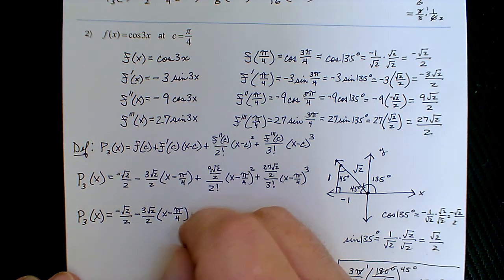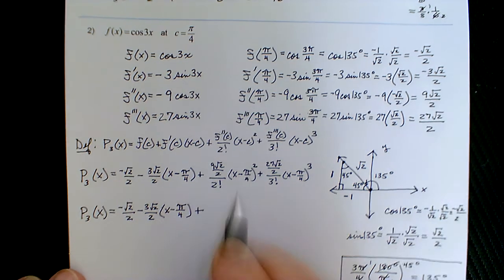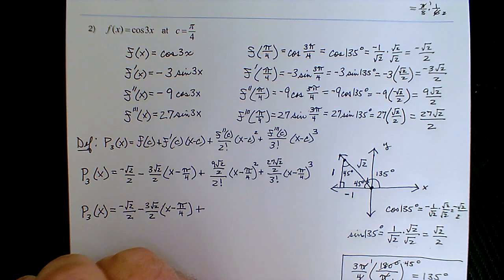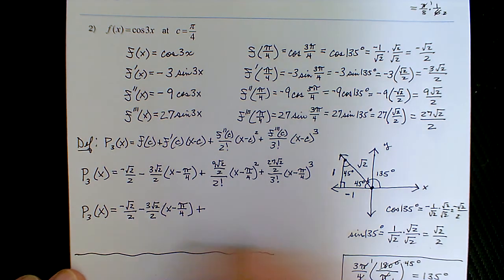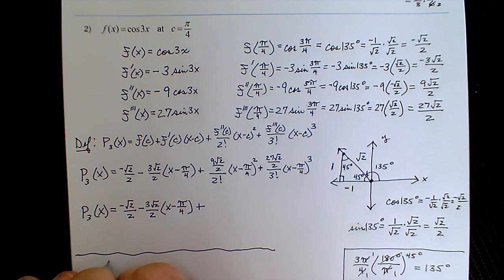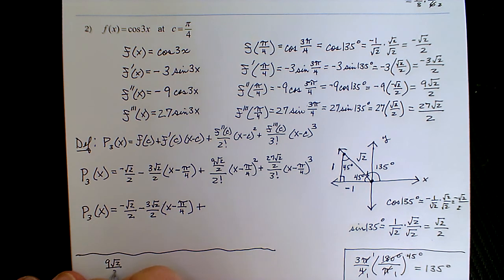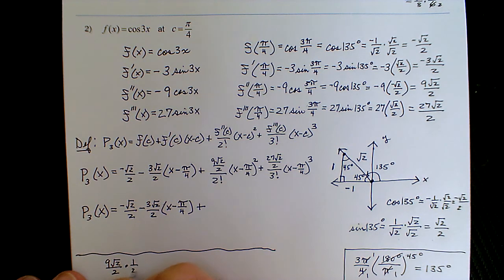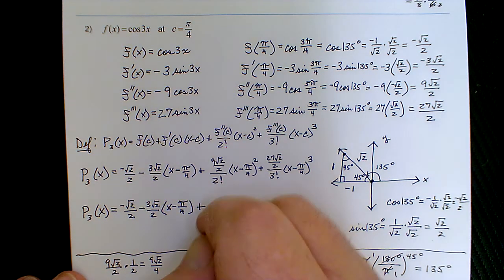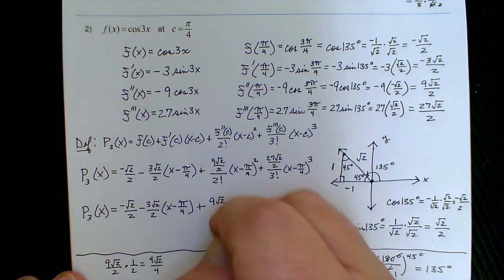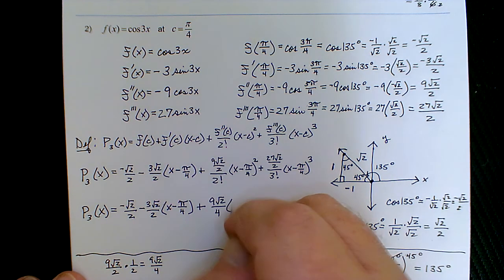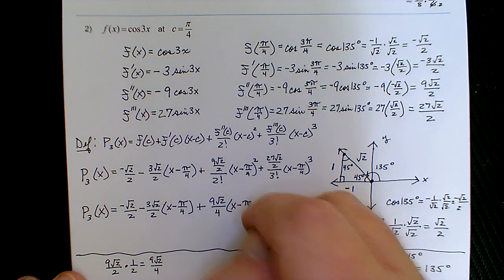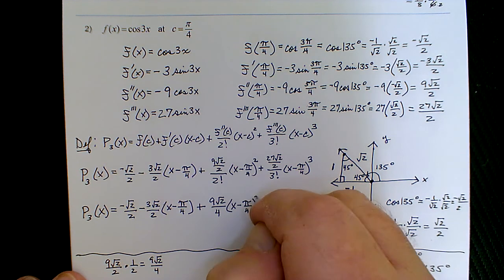But then plus, off to the side, the 9 square roots of 2 over 2 divided by 2 factorial, which is 2, is the same as multiplied by 1/2. So 9 radical 2 over 4 times the x minus pi over 4, it's being squared.